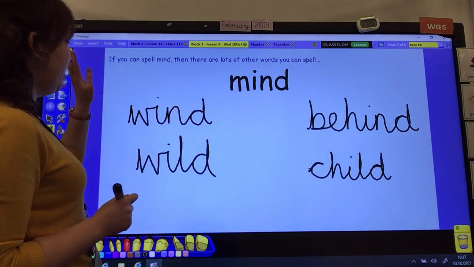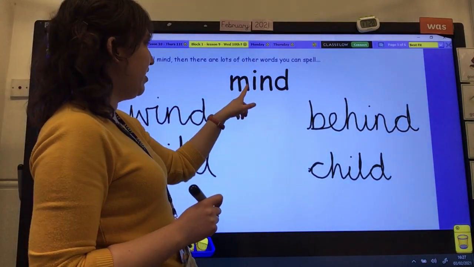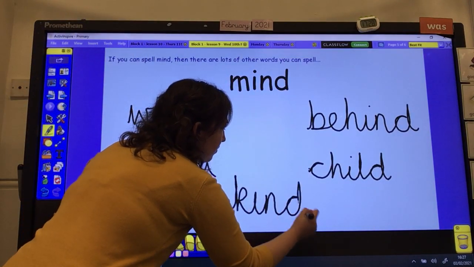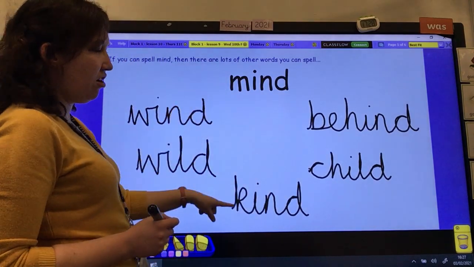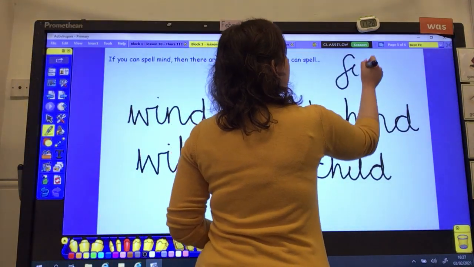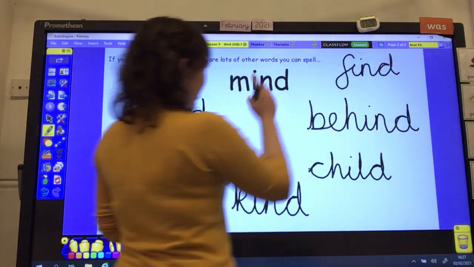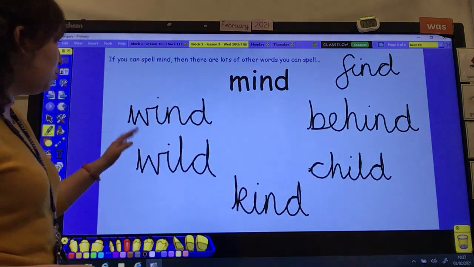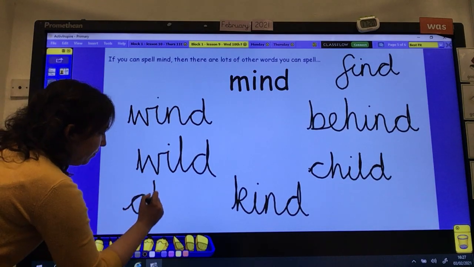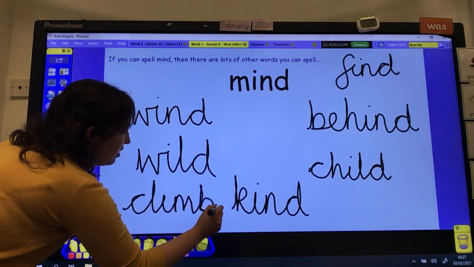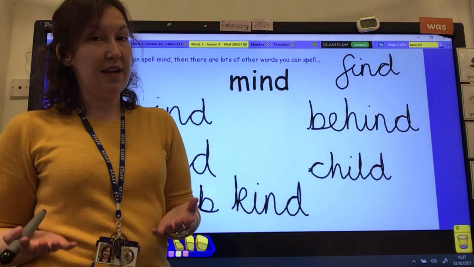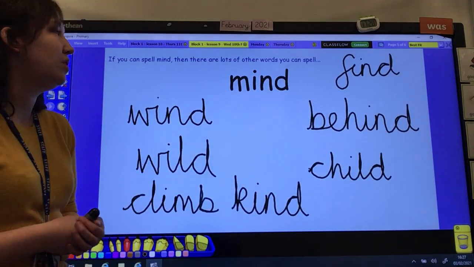So mind, wind, wild. Oh, kind. Mind, kind, find, behind, child, wild, wind, could have climb as well. And a lot of these words are on our common exception word map because this I doesn't always make an I when we're reading. It's a bit of an exception to these words.